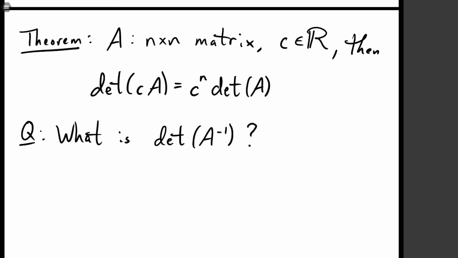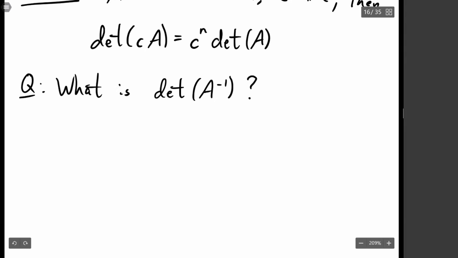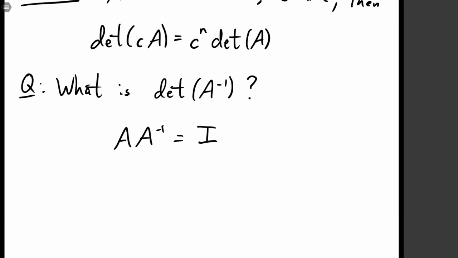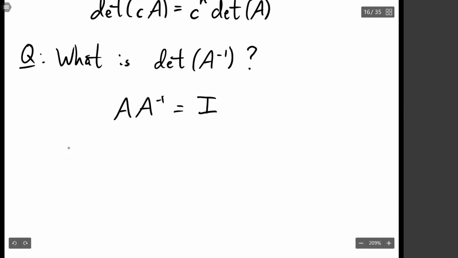Well, let's think about this. We know that A times A inverse equals the identity, right? So we can take the determinant of both sides.